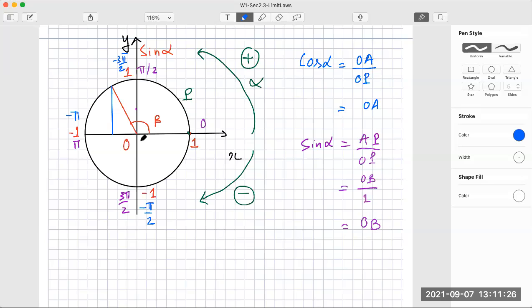The cosine axis is this line here, and the projection will be this. On the cosine axis, the distance from the projected point to the origin will be the cosine of this. You see it now?